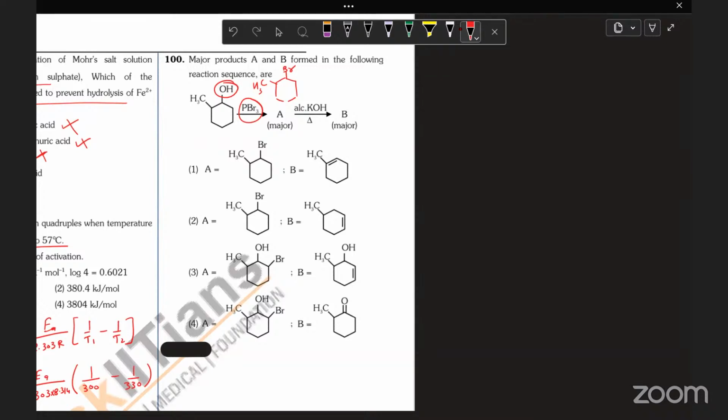So Saytzeff's rule has to be applied. You are going to form the major product, the most stable alkene, and that's how it looks, CH3. If I look at the options, again in the last question, option number one seems to be the correct answer, right? This is the right answer.